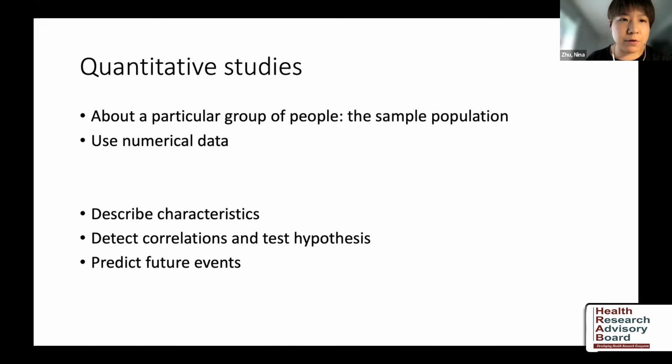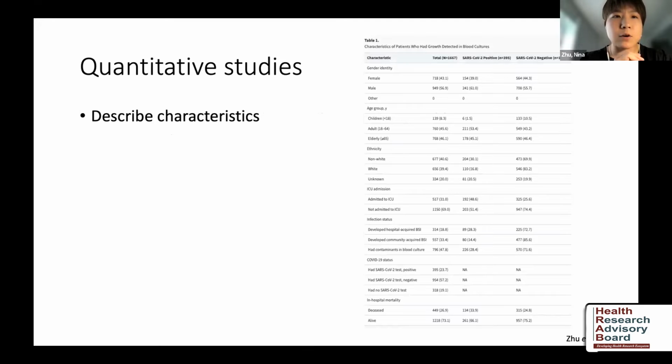So when we read quantitative studies, first of all, we want to see some description of the characteristics of the participants or the study objectives. An example here is a table of patient characteristics.